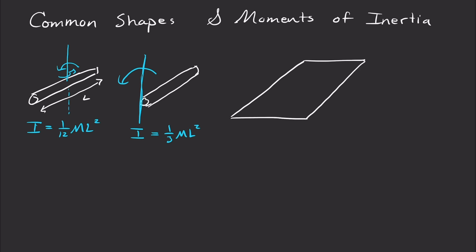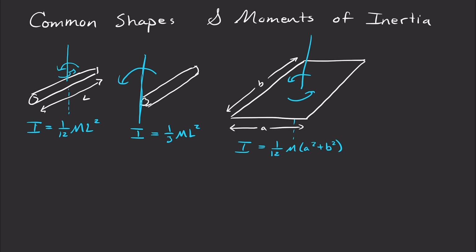And so if we had some plate, for example, that had a width A and a length B, if we were to rotate this about its center, so we were to spin it about this axis, here the moment of inertia would be I equals 1/12 times the mass times A squared plus B squared.